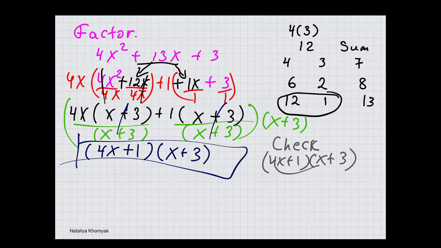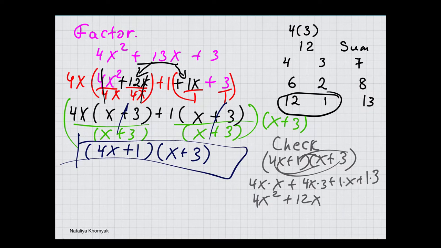So we do 4x times x plus 4x times 3 plus 1 times x plus 1 times 3, and this will simplify into 4x squared plus 12x plus 1x plus 3, and these two are like terms, so we have 4x squared plus 13x plus 3, and this checks out.